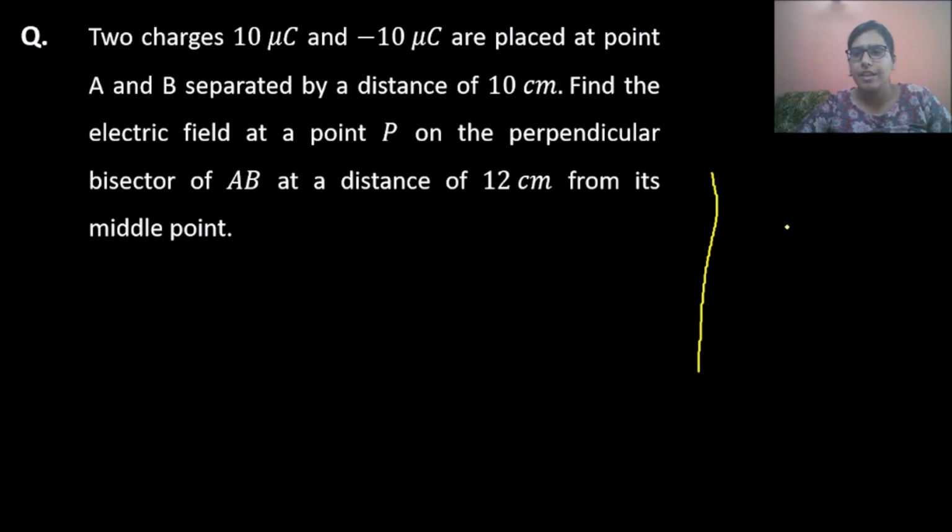Suppose there are charges Q1, Q2, Q3, and we have to find electric field at some point P, and suppose this distance is R1 and this distance is R2 and this distance is R3.